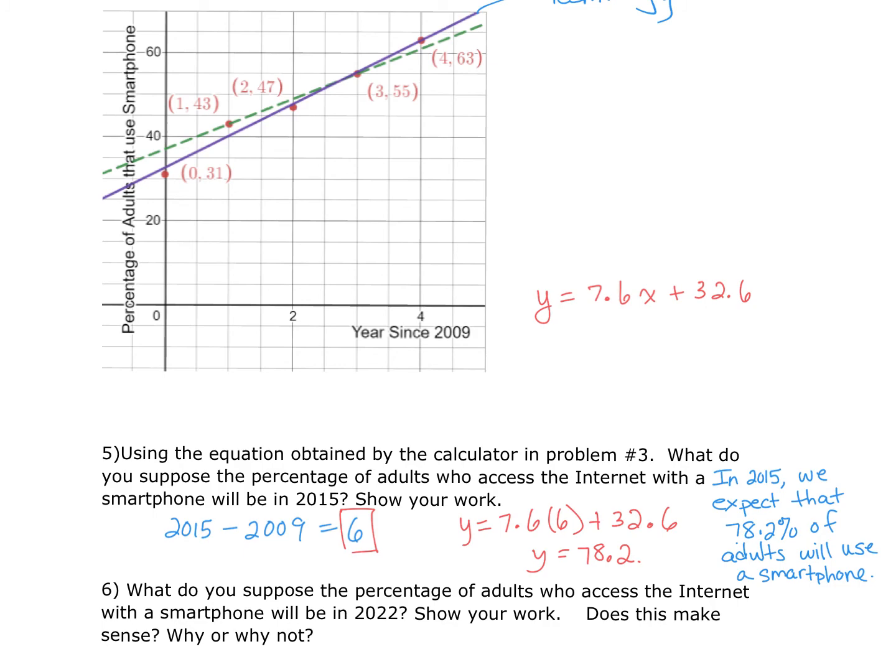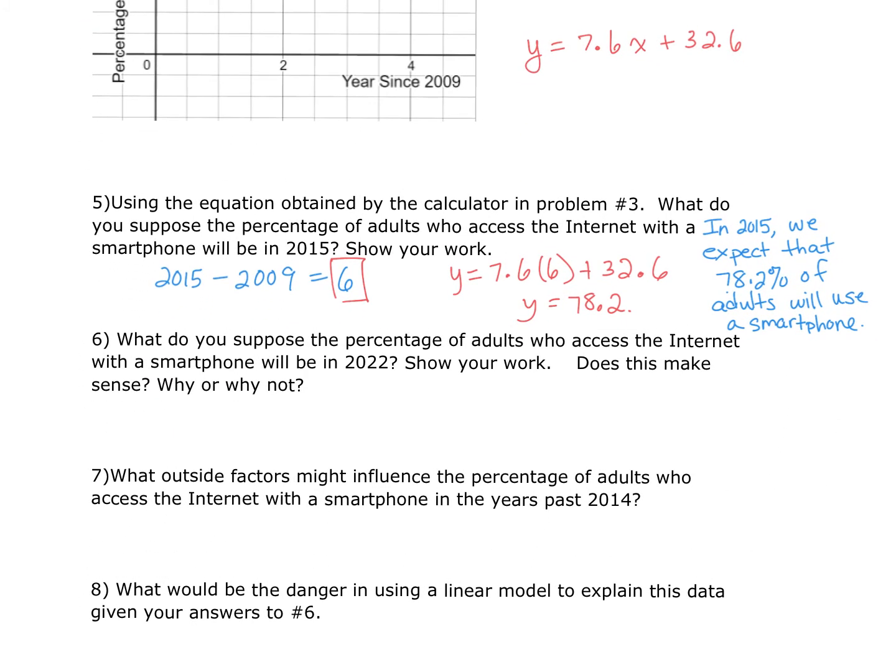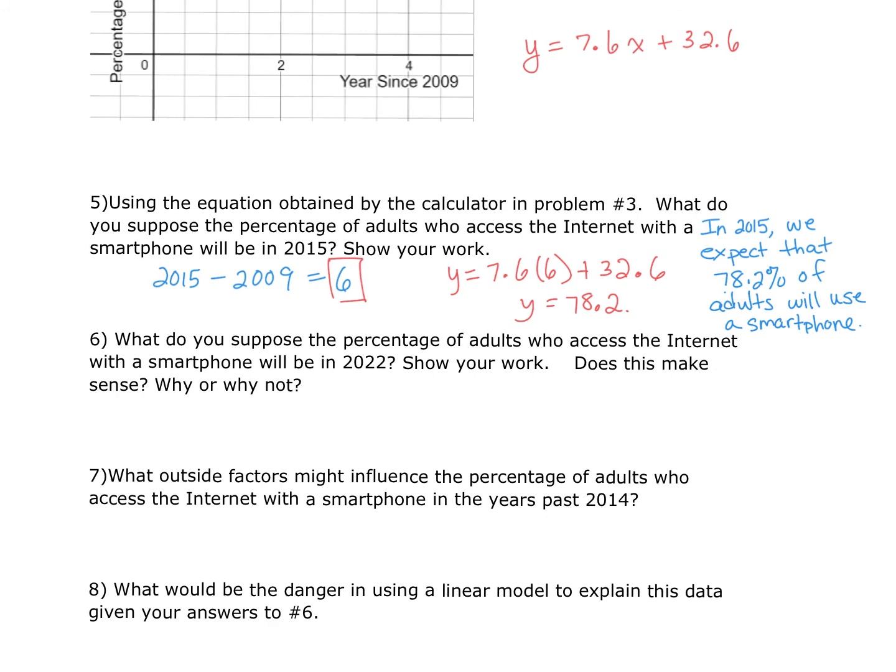Answering our next question, what do you suppose the percentage of adults who access the internet with a smartphone will be in 2022? So again, we're going to start with 2022 minus 2009. And in this case, we're going to get 13.